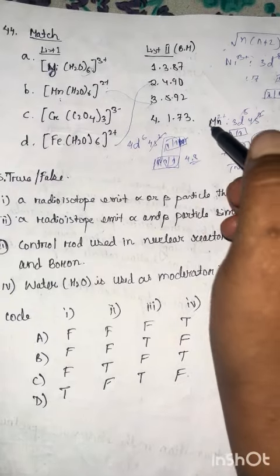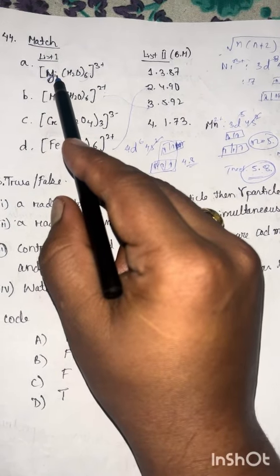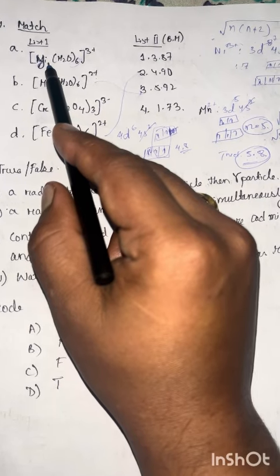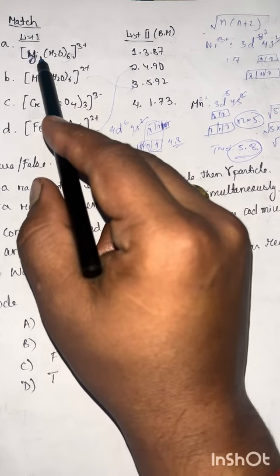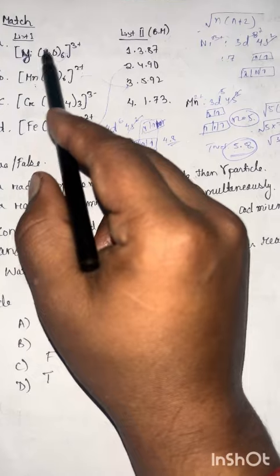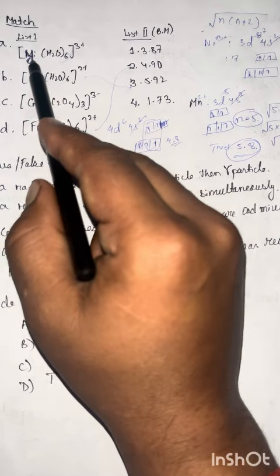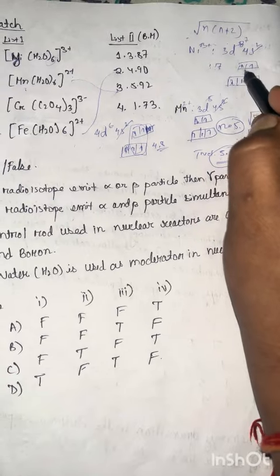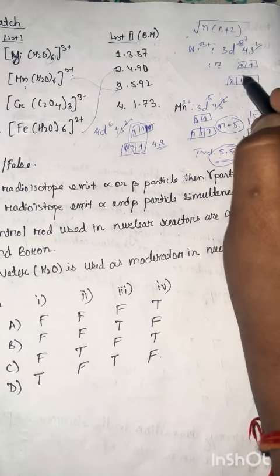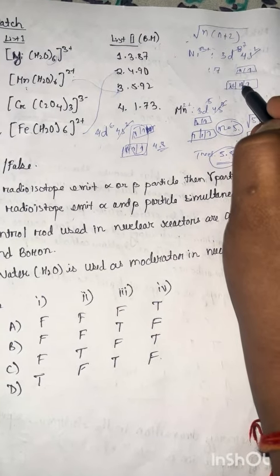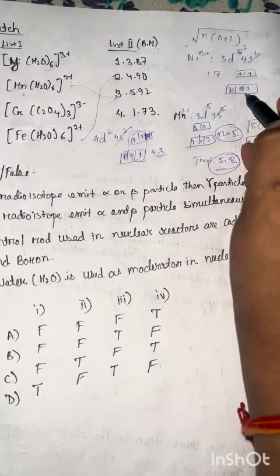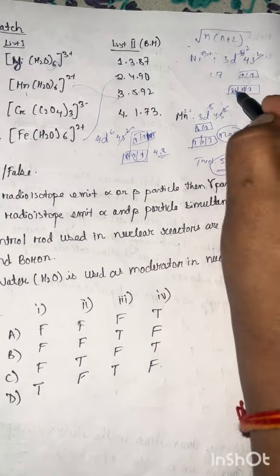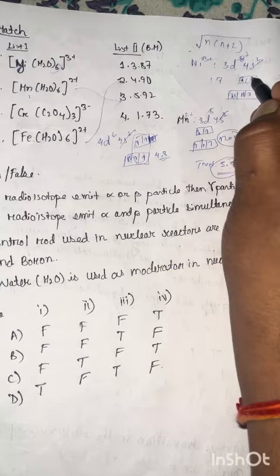Next, if we consider this one, Co3 plus, d6, this acts as a strong field ligand again, right? It will be 1 2 3 4 5 6 7, right?